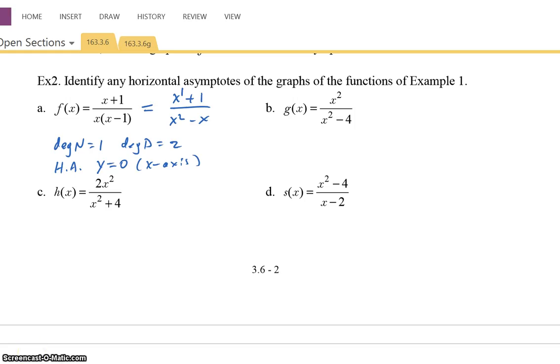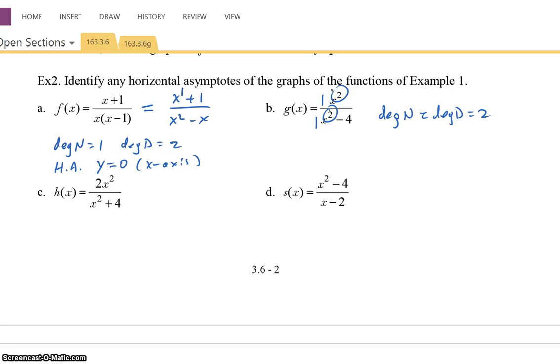Next, looking at example 2, part B. G of x equals x squared over x squared minus 4. It's pretty clear here the degrees of the numerator and denominator are identical. The degree of the numerator equals the degree of the denominator, which is 2. So if the degrees are the same, we look at the ratio of the leading coefficients of the polynomials in the numerator and denominator.